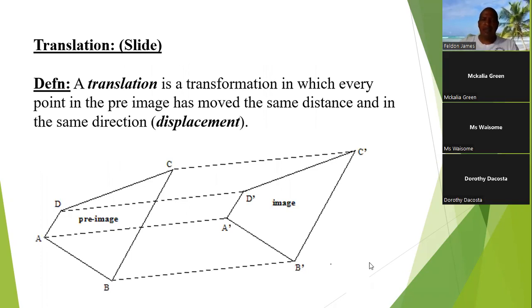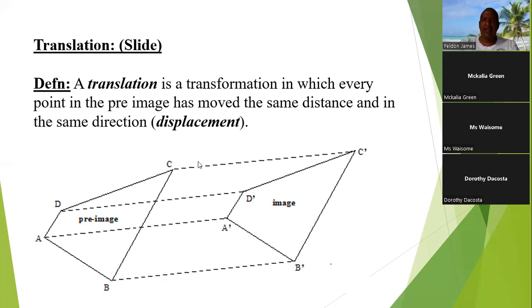Now, this is what we refer to as a slide or a translation. Now, these dotted lines only give you an idea of the line of displacement, right? So just imagine that these dotted lines are not there.